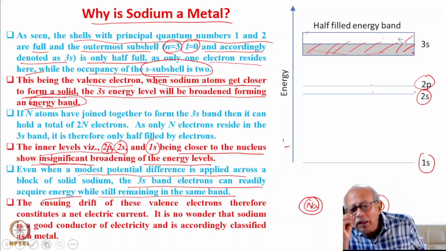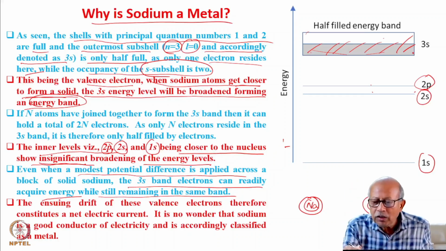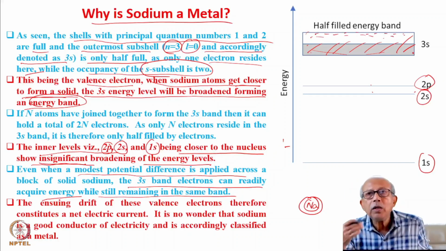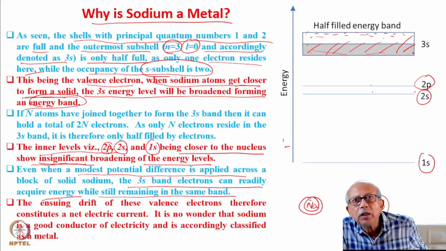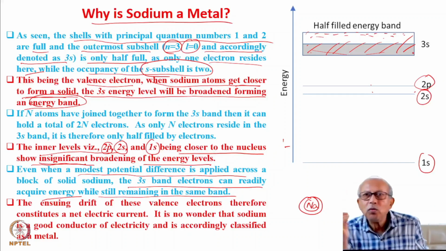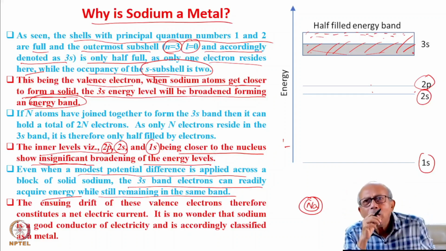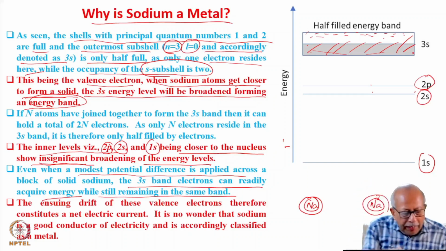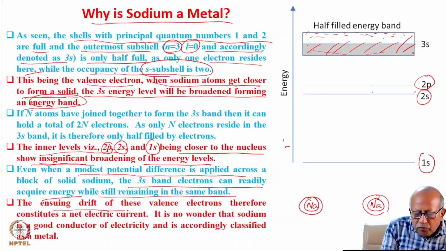Therefore, even with little energy, the electron can actually move around in the sodium block. If we just apply little potential difference, the ensuing drift of the valence electron therefore constitutes a net electric current.